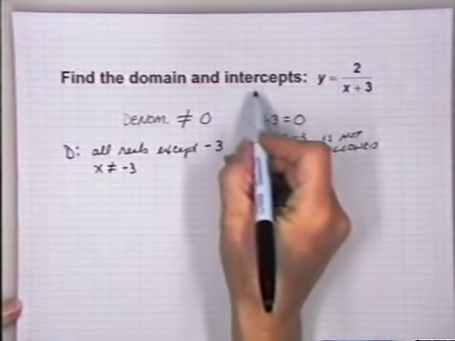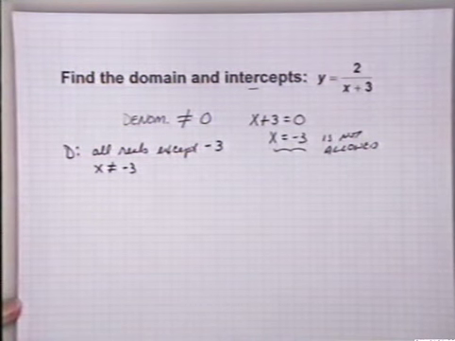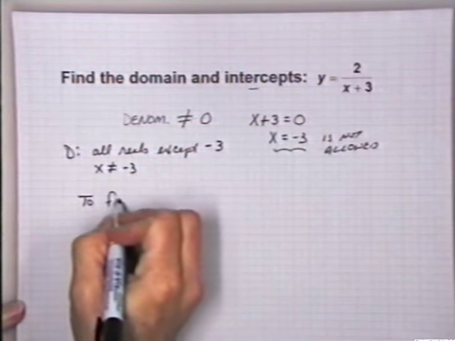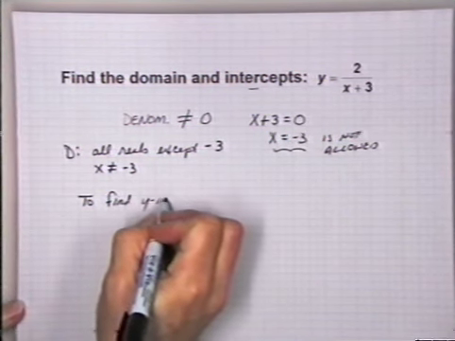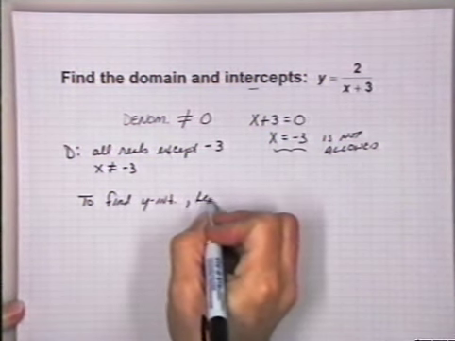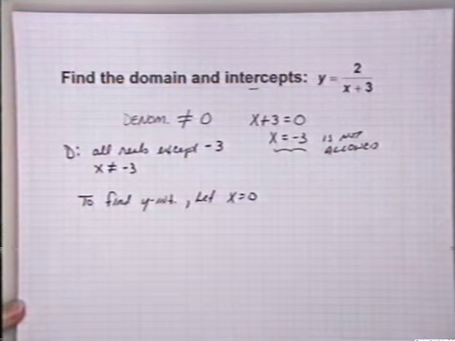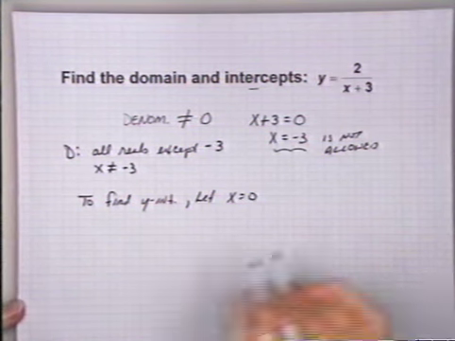Now, the second thing we're asked to find here are the intercepts. Recall we want to find both the x and the y intercepts. Let's review that concept. If we want to find the y-intercept, what do we do? We let x equal 0, don't we? So to find the y-intercept, we're going to let x equal 0 in our equation.